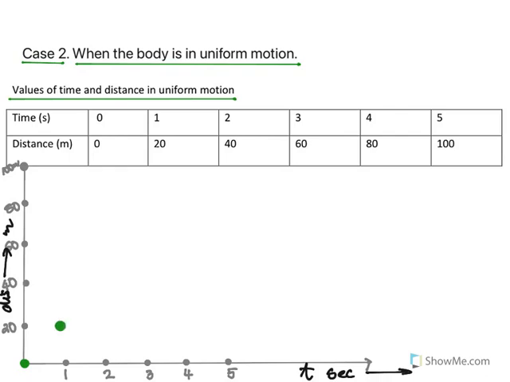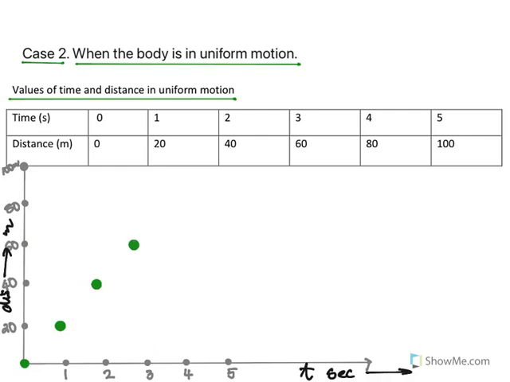So this would be the next. Next we have time 2, distance 40. So time 2 and distance 40, it's here. So we mark the point. Next, time 3, distance 60.